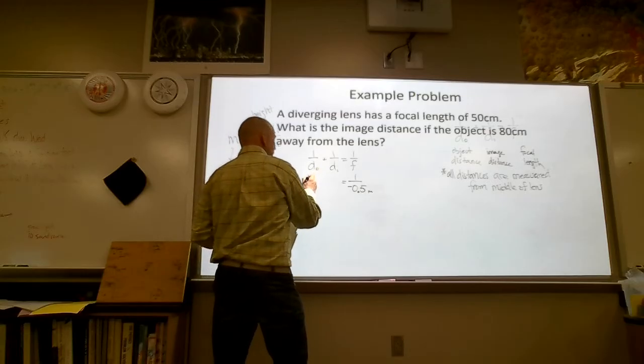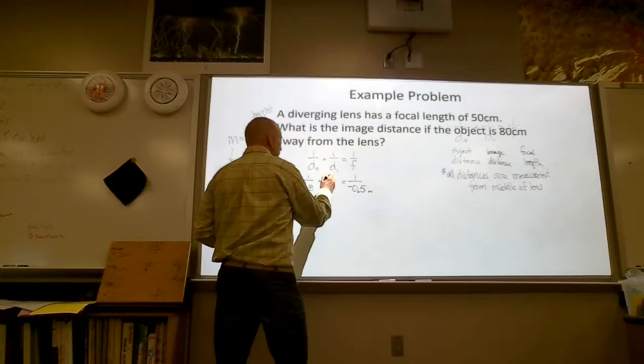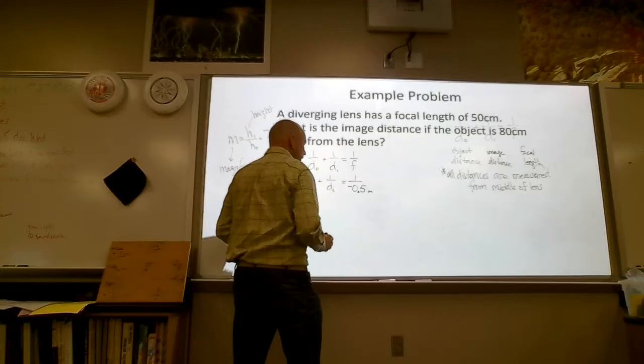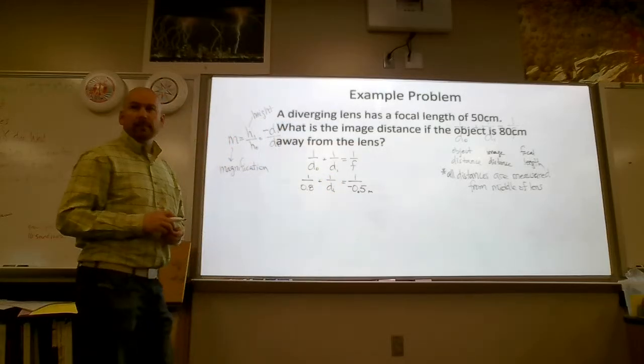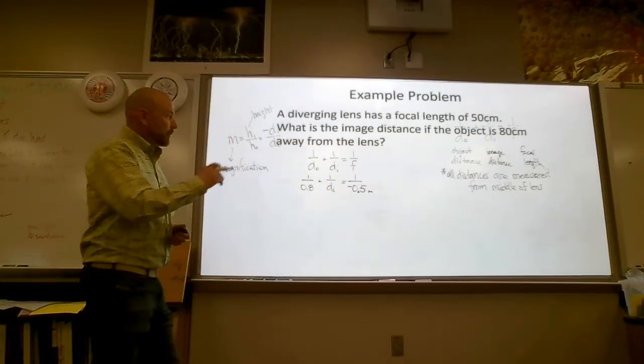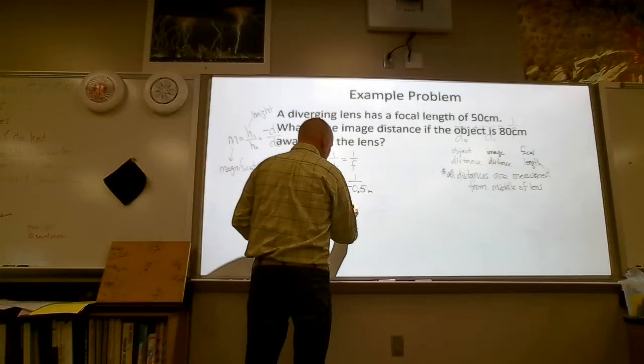So that is 1 over 0.8 plus 1 over di equals negative 1 over 0.5. I'm going to bring that over.